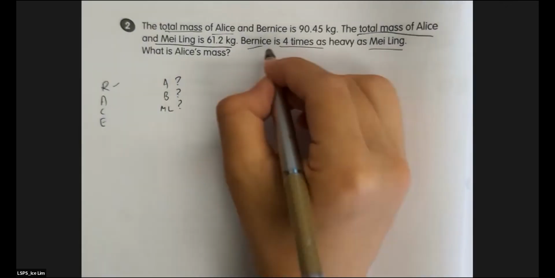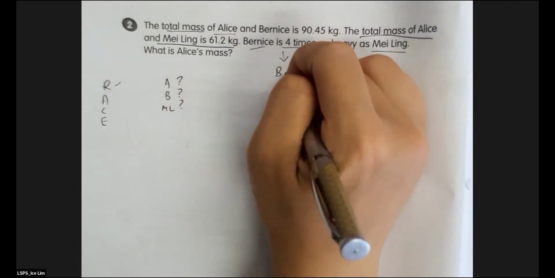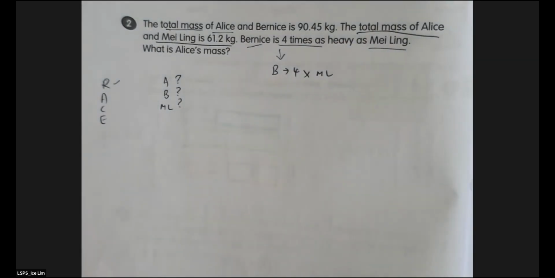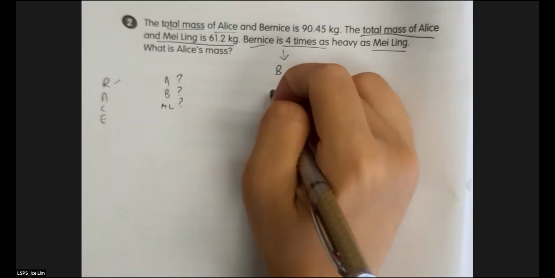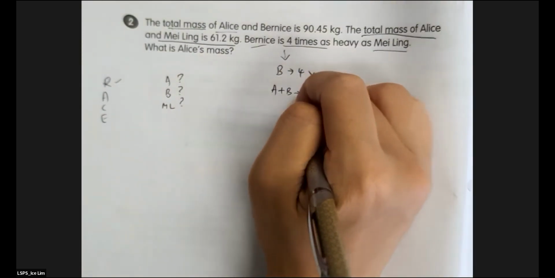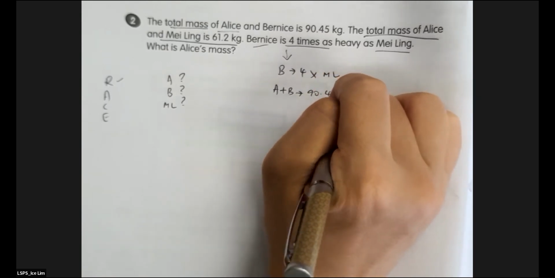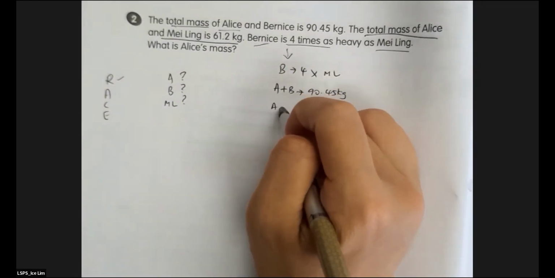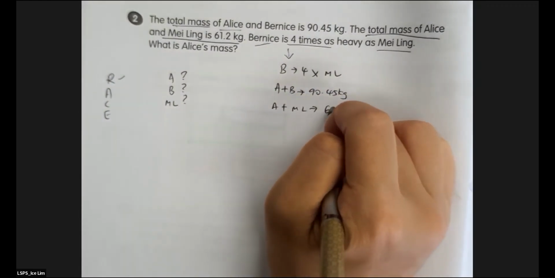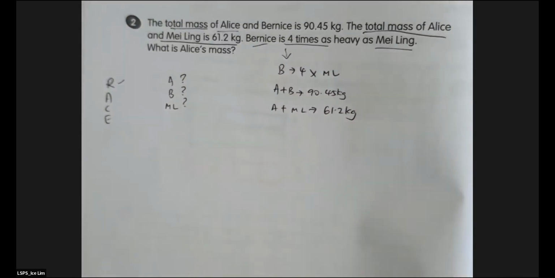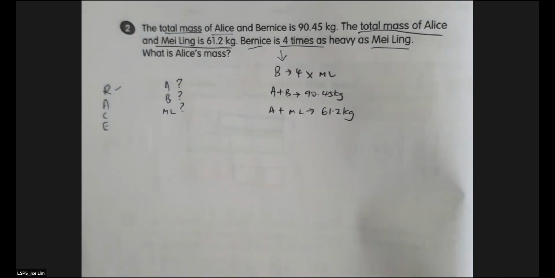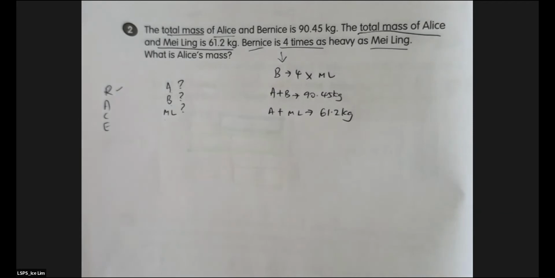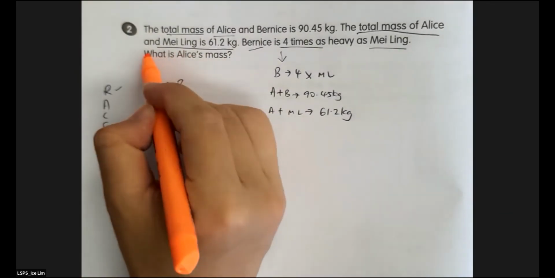For example, Bernice is 4 times Mei. And for Alice and Bernice, it gives you an amount, but you don't have Bernice, neither do you have Mei. The next information is Alice and Mei. So I write down quick notes of this information found in the question, but none of them directly gives me how much Alice is, how much Bernice is, how much Mei is. And then finally, the question asks, what is Alice's mass?